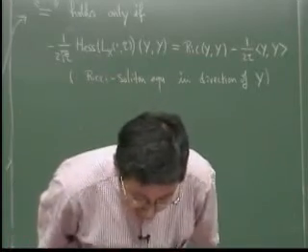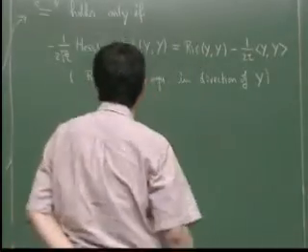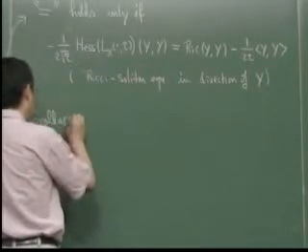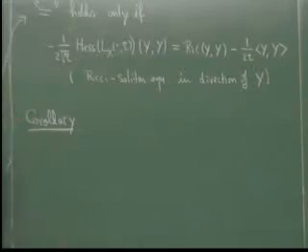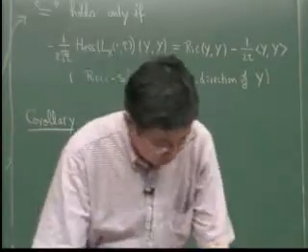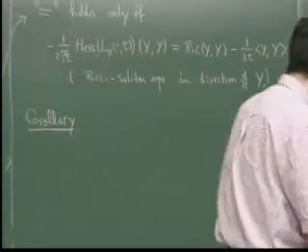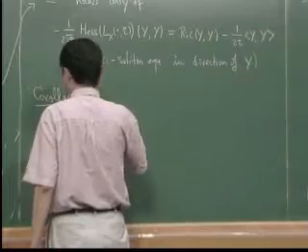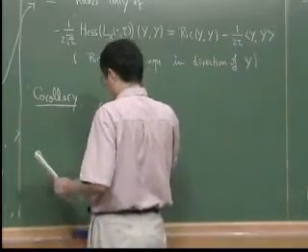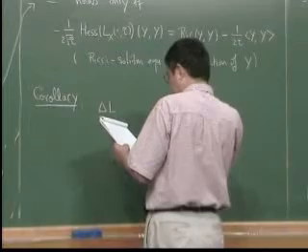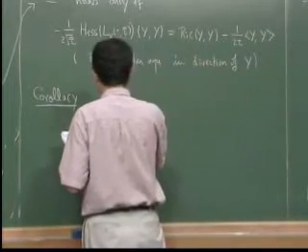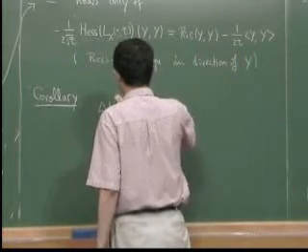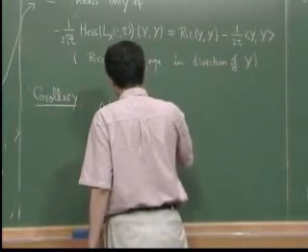Once this holds, I can give a corollary. We compute the Laplacian, which is of course the trace of this Hessian of x tau bar at the point Q tau bar.